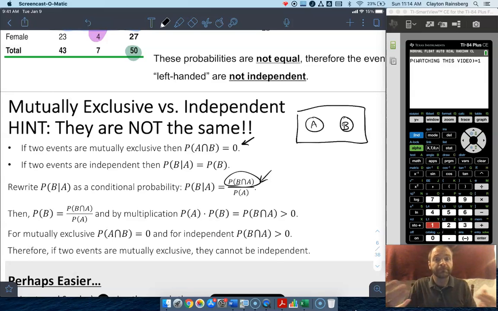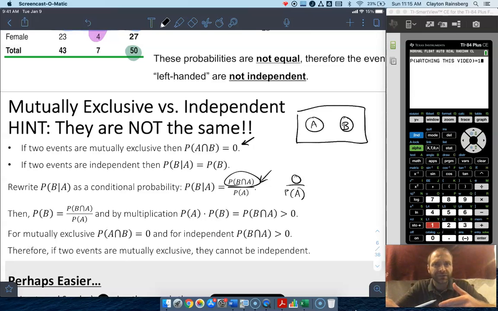And therefore, the overlapping of it, if they are exclusive, is 0 over the probability of just event A. Well, if they are exclusive and there's no overlapping, the probability of event B, given that A occurred, is 0.